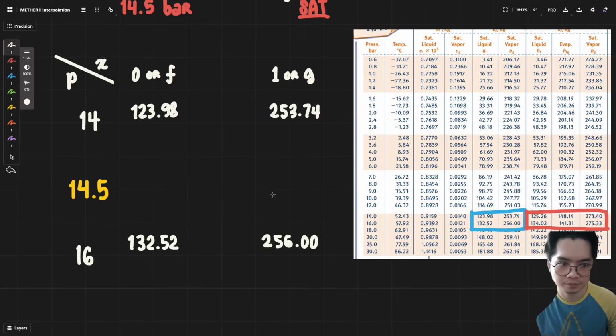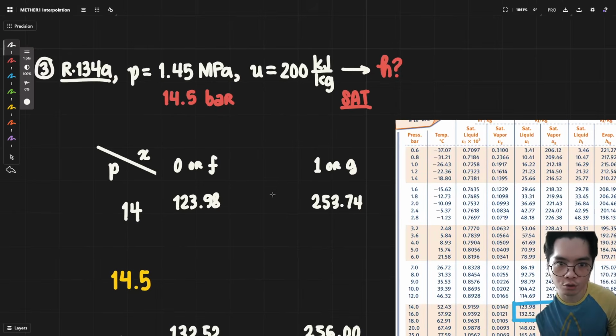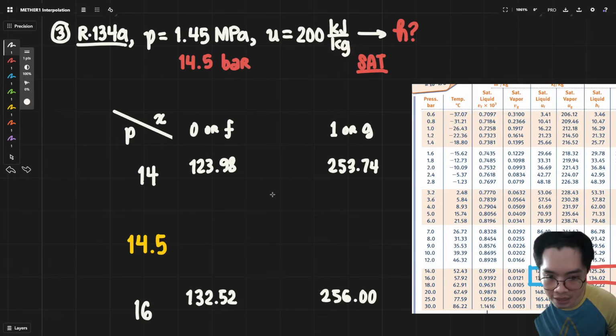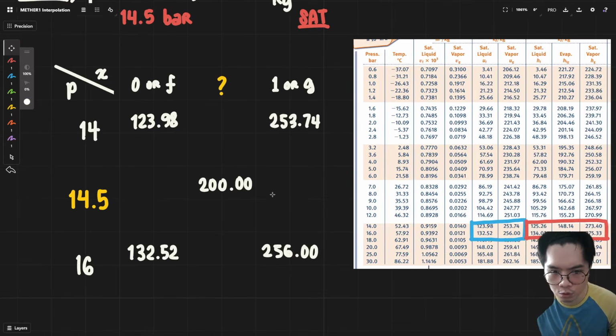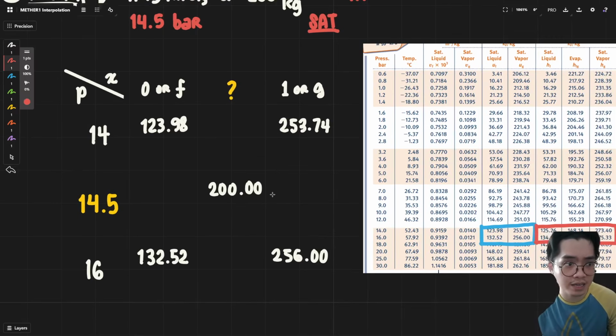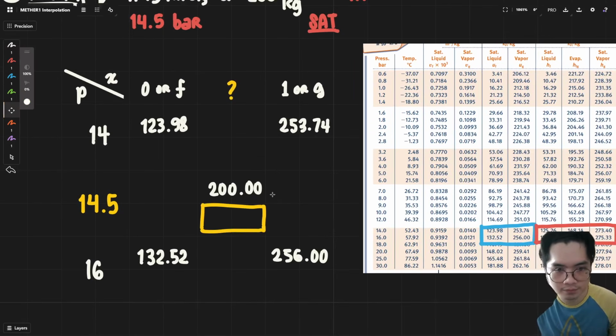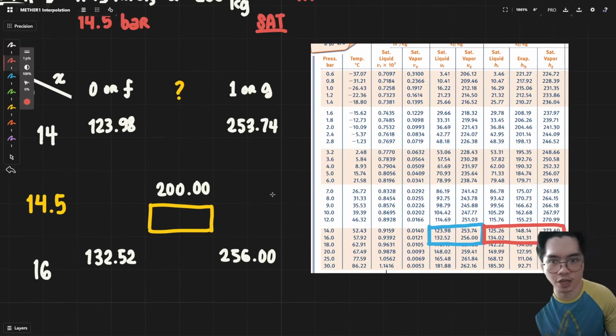256.00. Okay, essentially, you know that your U value in this middle portion, I don't even know what quality this is, but for this middle value, you know that your U is 200. And so what are we going to do? We need to find the corresponding H value in here. And now we look at the HF values.